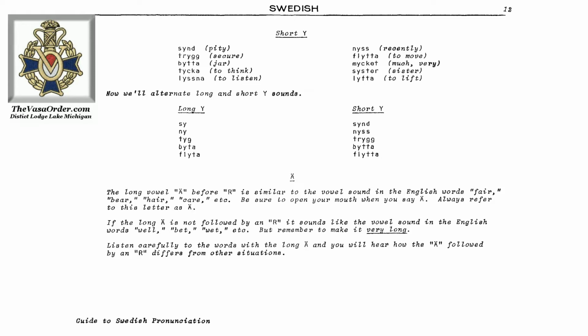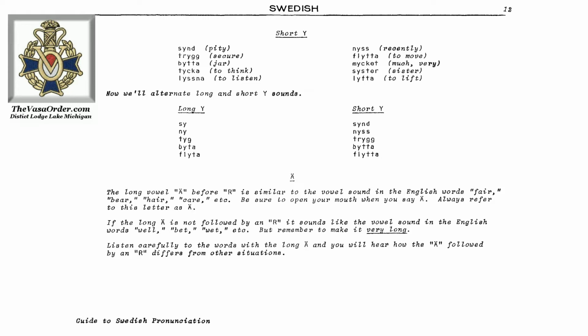Ä. The long vowel ä before R is similar to the vowel sound in the English words fair, bear, hair, care, etc. Be sure to open your mouth when you say ä. Always refer to this letter as ä.